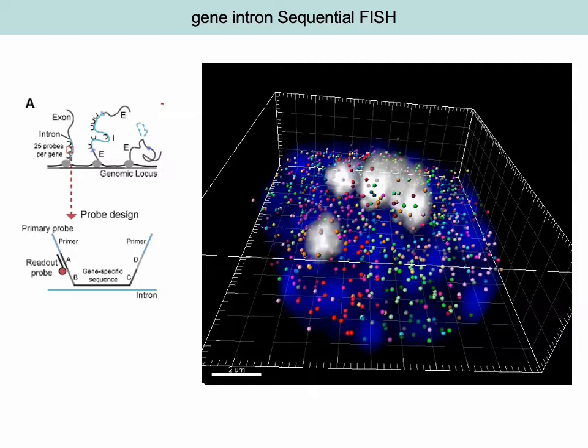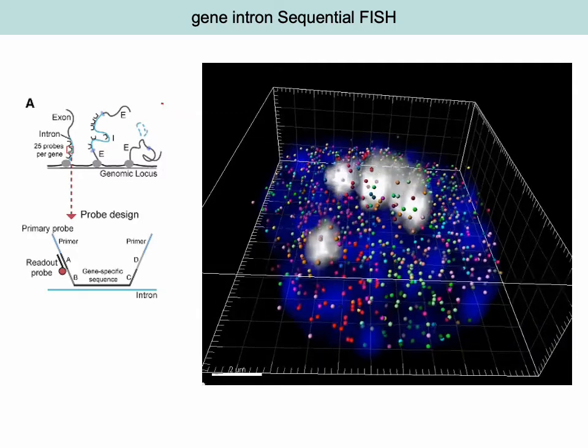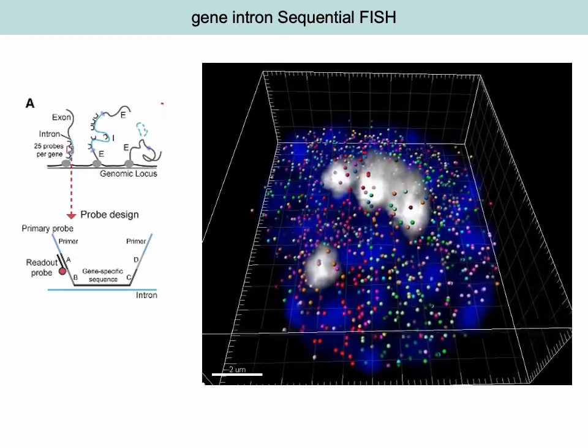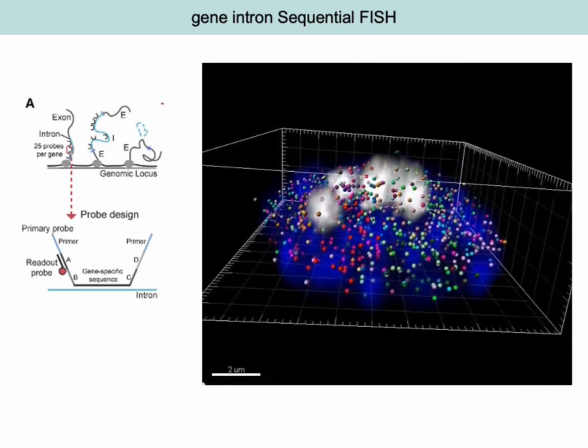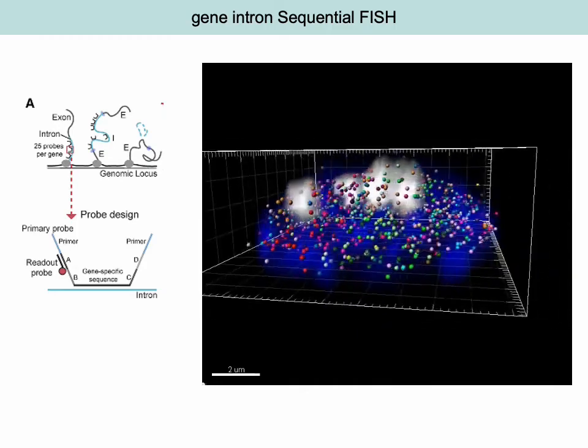And the introns, as we all learned, are going to be processed out. So when you FISH against those introns, what you see on the right side here is only the nascent transcription.